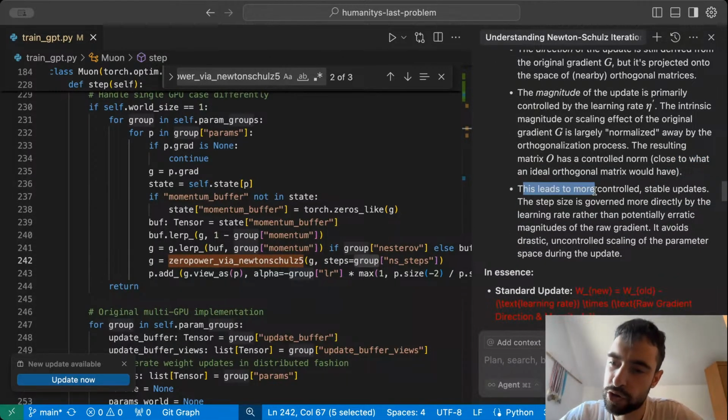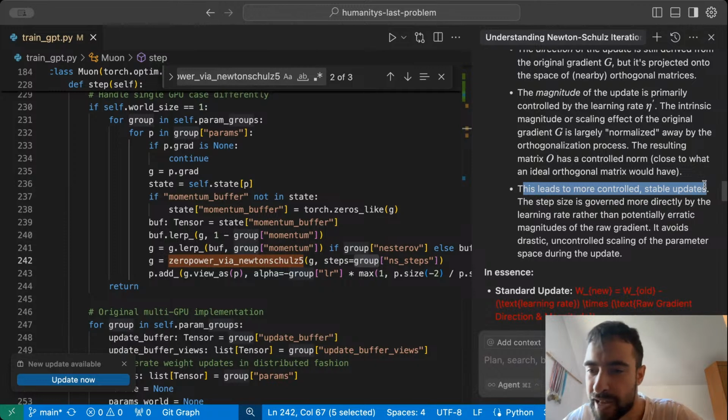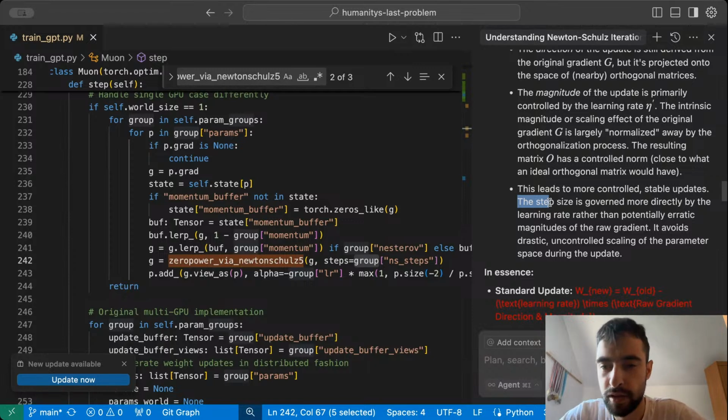This leads to more controlled, stable updates, but maybe slower updates. Didn't you think about that? I think it just leads to smaller updates, so slower updates, because it's stretched down.